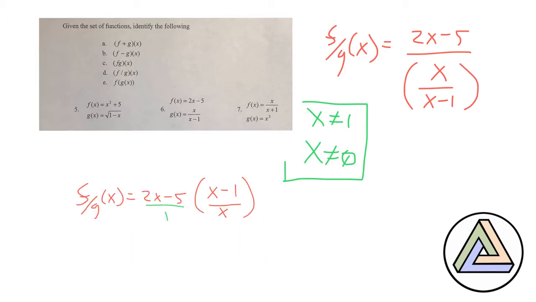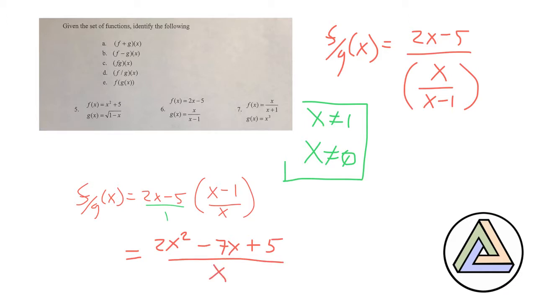So the top would be a FOIL scenario, so that's going to be 2x squared, and there's definitely going to be a positive 5 over here. And let's see, we've got negative 2x combined with a negative 5x. That's going to be a negative 7x all over x.